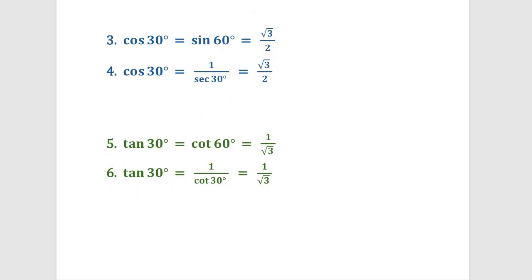Similarly, tan 30 degree equals cot 60 degree equals 1 by square root of 3. And formula 6, tan 30 degree equals 1 by cot 30 degree equals 1 by square root of 3. Since tan 30 and cot 30 are reciprocal.